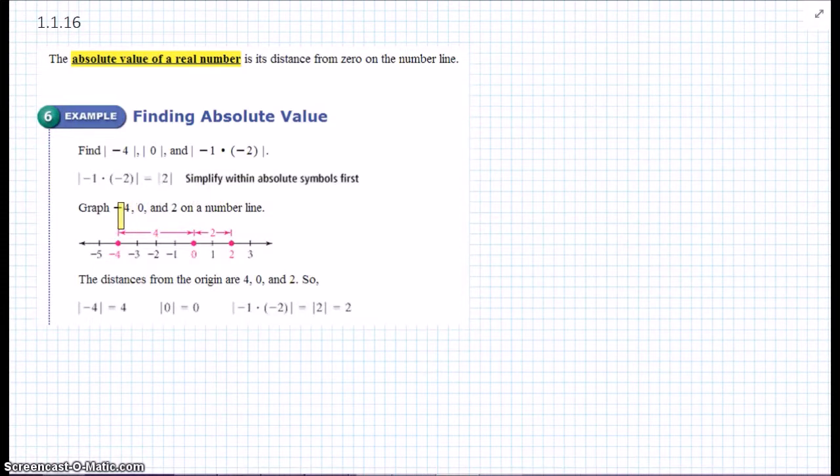So we're just going to graph negative 4, 0, and 2 on the number line. So negative 4 is 1, 2, 3, 4 units away from 0. So the absolute value of negative 4 is 4. The absolute value of 0 is 0. And the absolute value of 2 is 2.